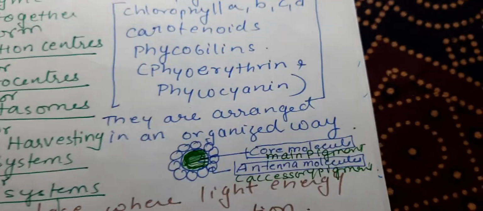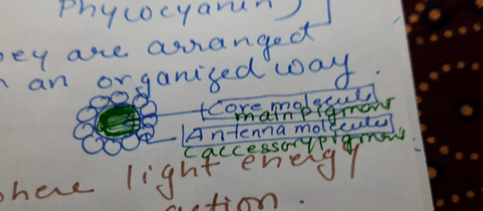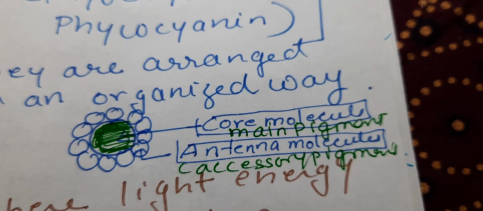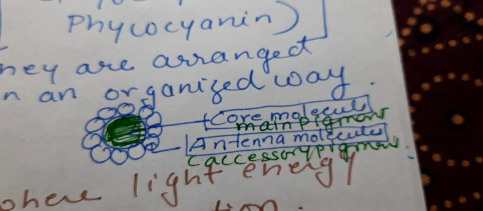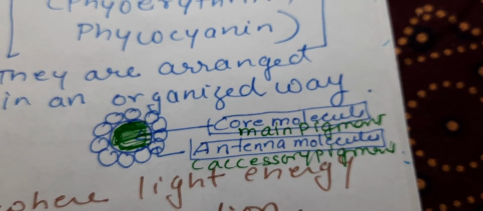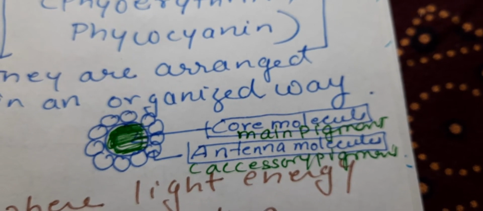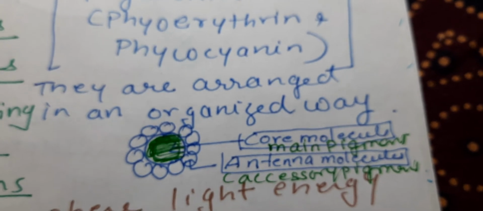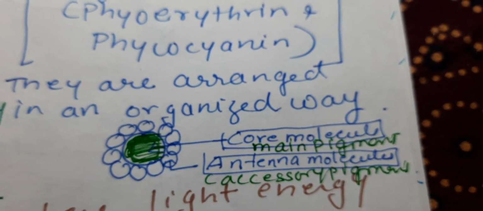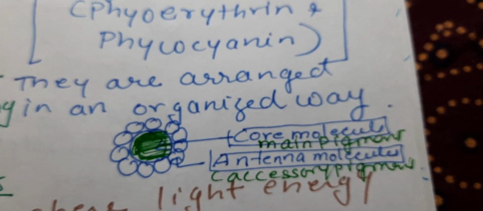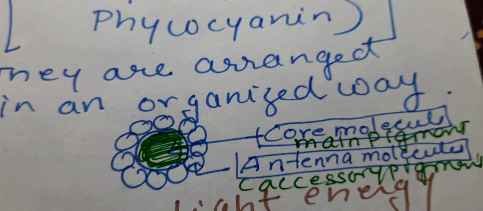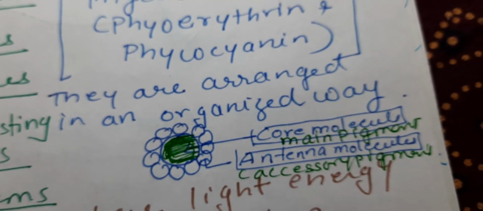So they are arranged in a very organized way. Now if you look at the structure, in the center there is a core molecule, which is the main pigment, consisting of chlorophyll, and on the side the antenna molecules are arranged, which are accessory pigments. So the core and antenna all absorb the sunlight, but the antenna molecules transfer their energy to the main pigment, and this is known as the reaction center.